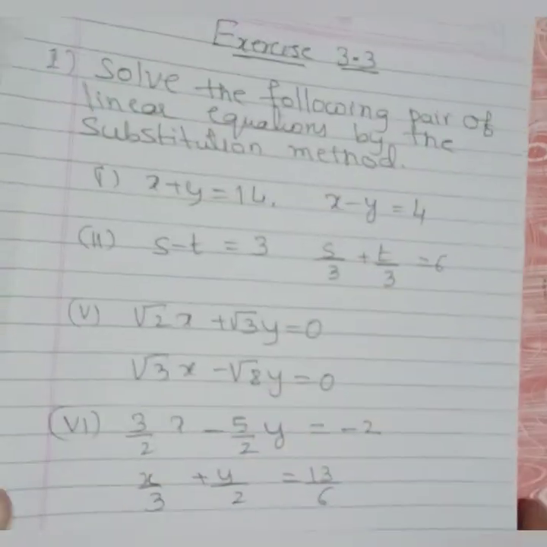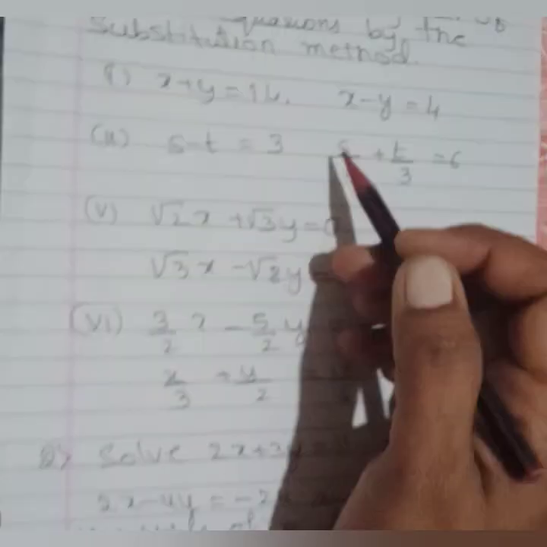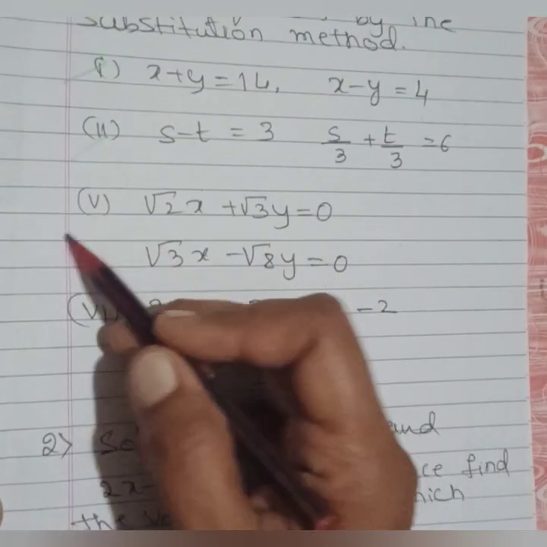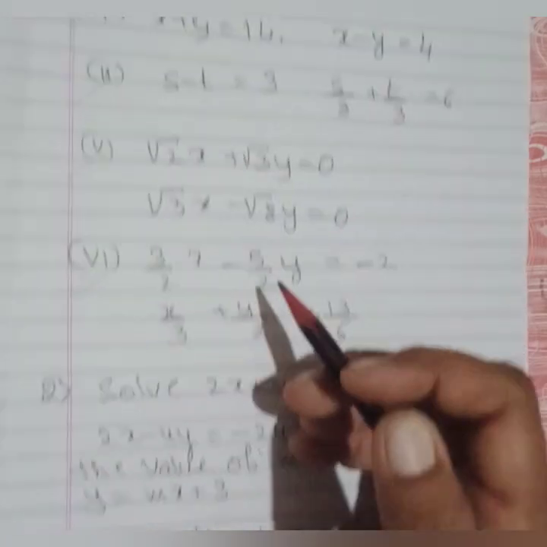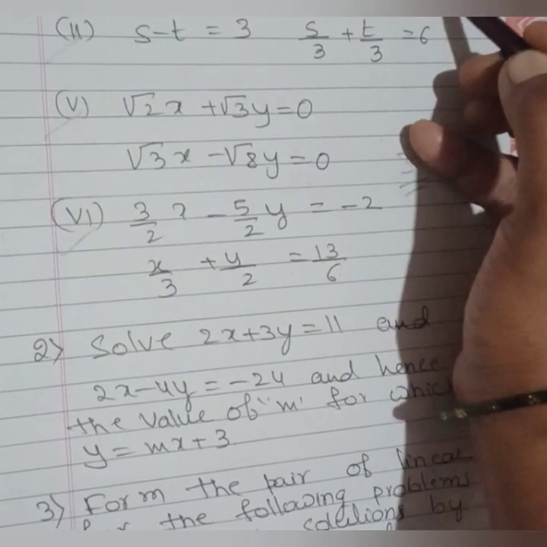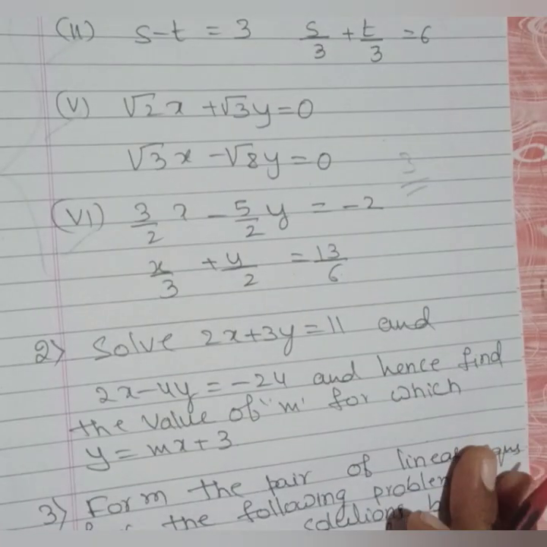Then you go with 3.3. In that, you take the first question, you try the first one, the second one is very simple, then the fifth and sixth you need to practice. These questions you are going to get for 3 marks, and if it is simple, 2 marks. You are going to get one question among the first question of 3.3.